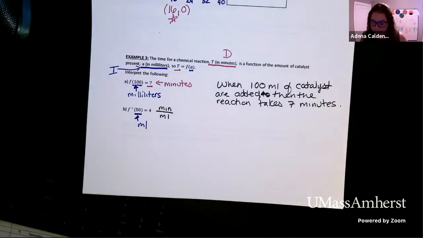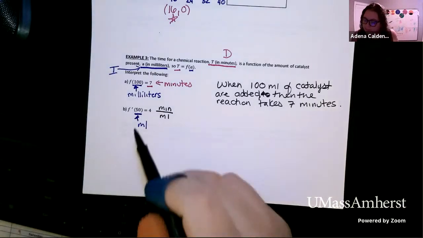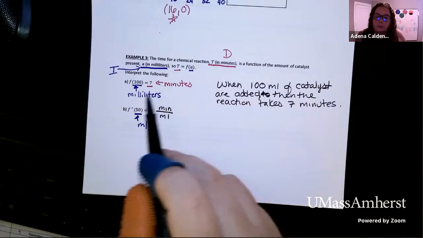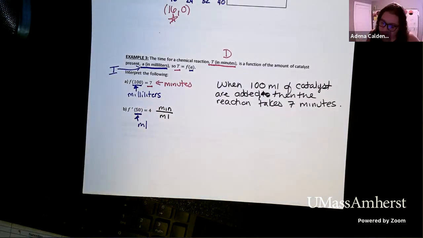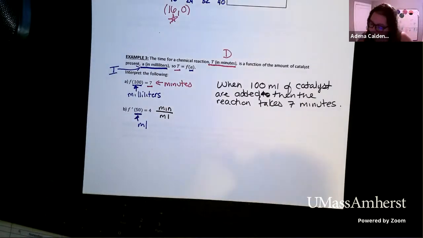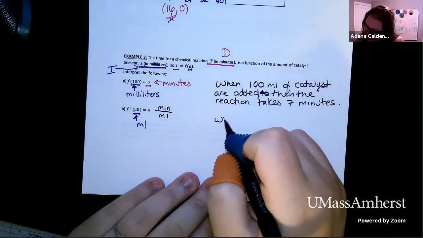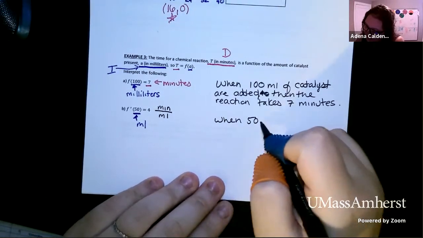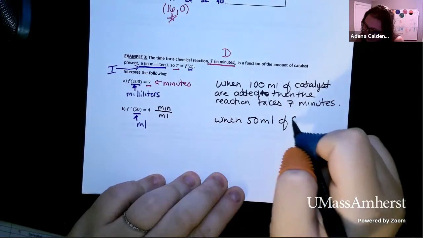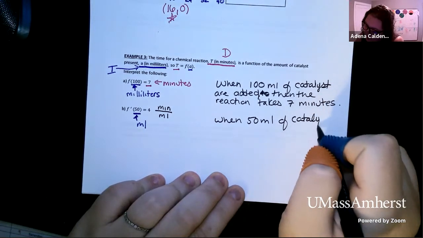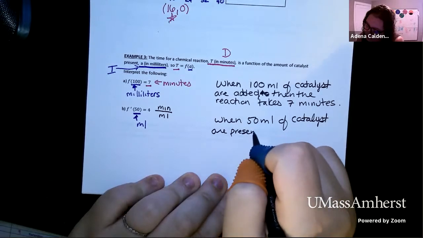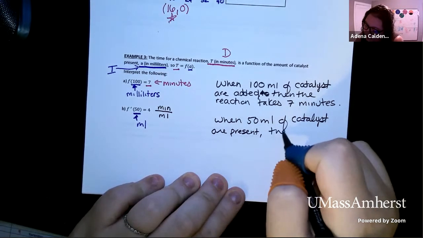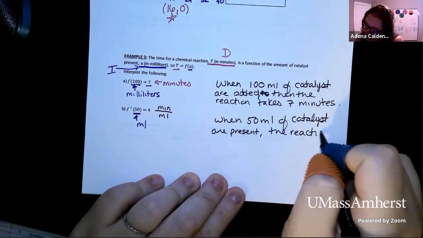So when we're thinking about how to write a sentence that brings in 50 milliliters and 4 minutes per milliliter, we need to think about what this is telling us. So remember, the 50 is telling us at a certain point. So we're going to say something like, when 50 milliliters of catalyst are present, the reaction.